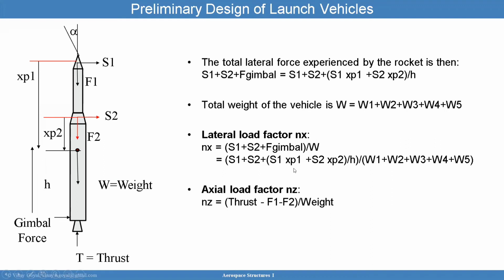And the axial load factor can also be calculated. Summation of forces equals MA in the axis of the vehicle. So that's thrust, and it's balanced by weight, F1 and F2. If I take thrust minus F1, F2, and I divide that by weight, again I get the axial load factor as well.